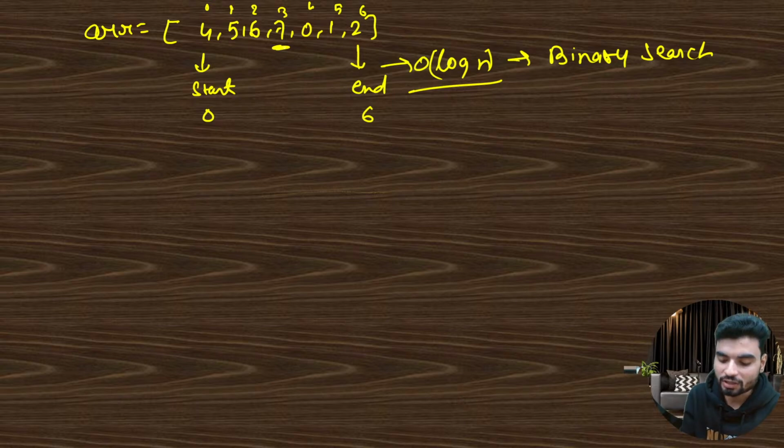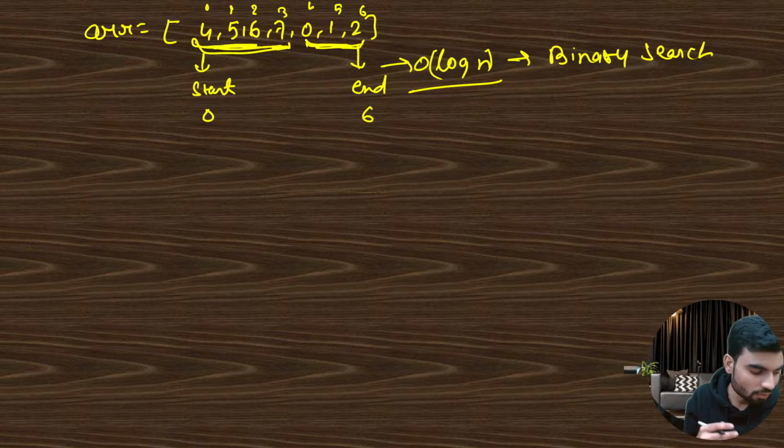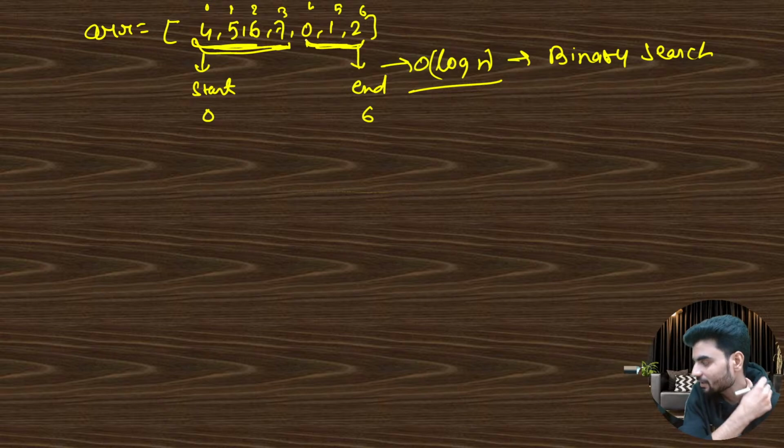I want to ensure whether this left part is sorted or that right part is sorted. Because if this is sorted, then I can apply binary search to it, right? So we have to write the binary search logic two times, but by checking the condition whether mid is greater than the left.